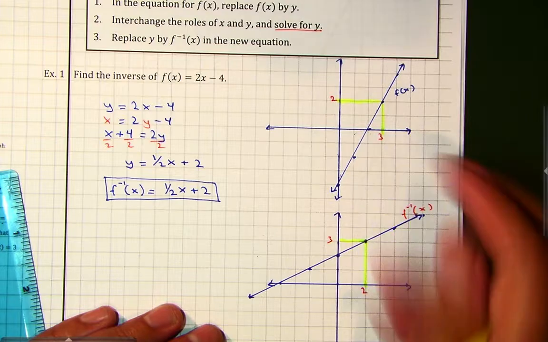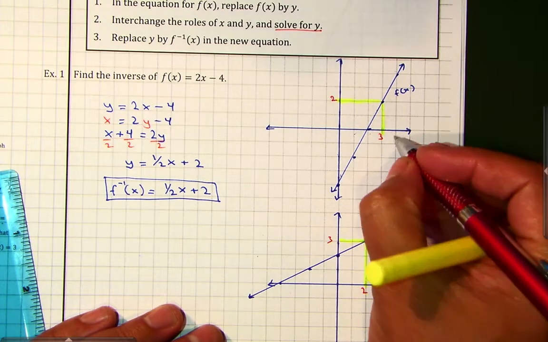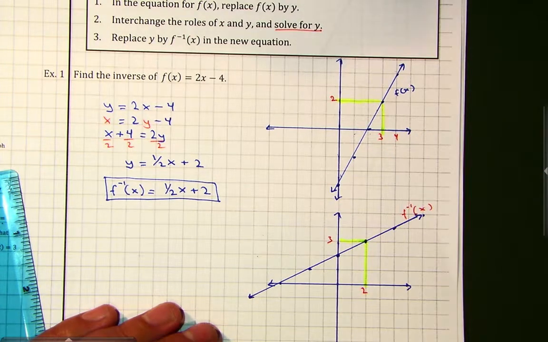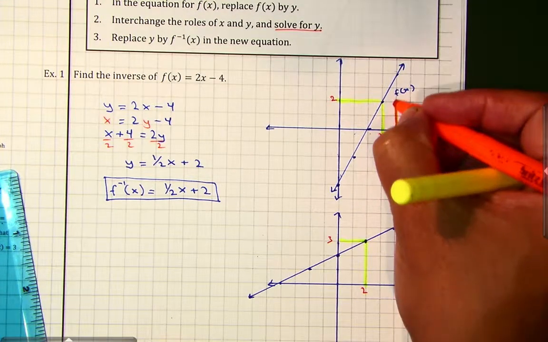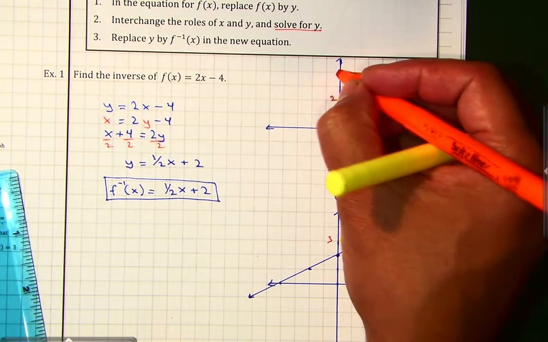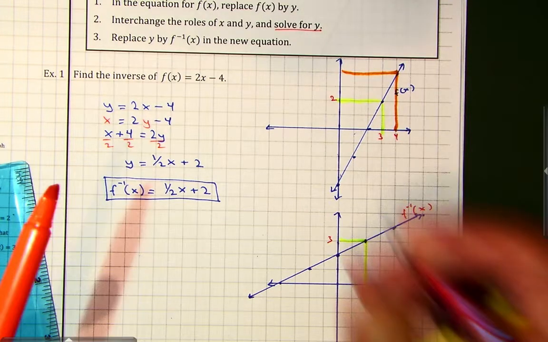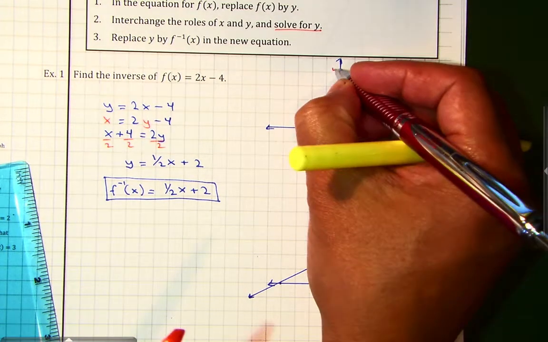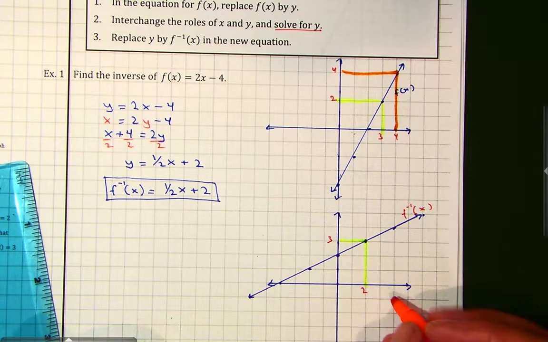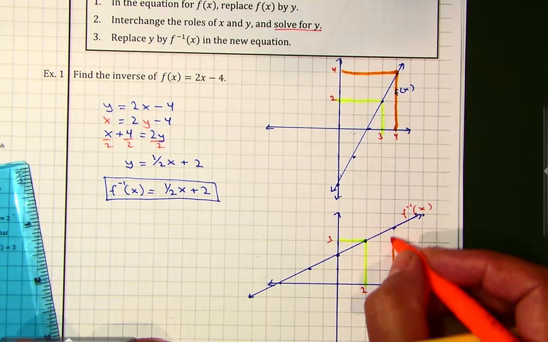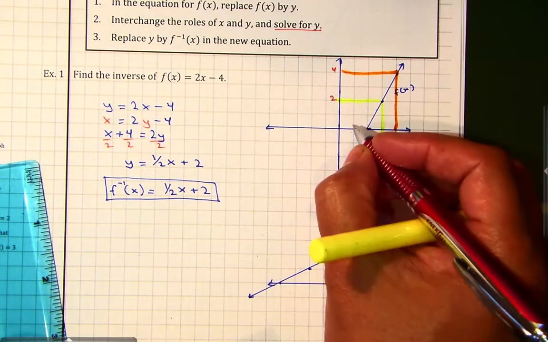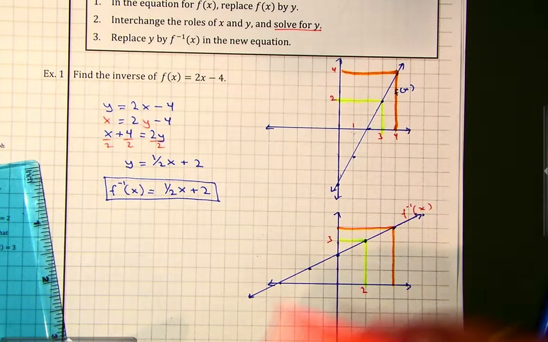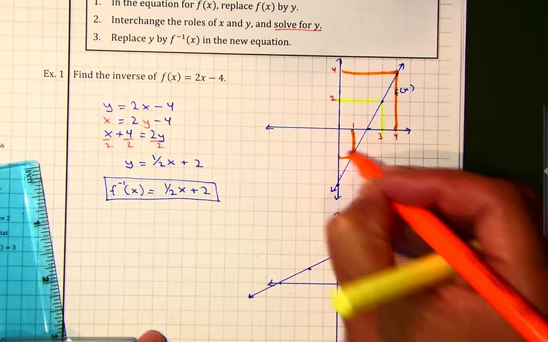If I plug in a 4, I get a 4. Well, that doesn't help us out, right? Let's try one more. If I plug in a 1, I end up with a -2.